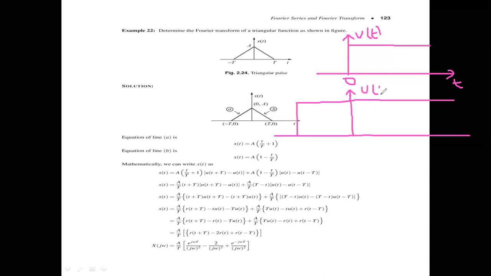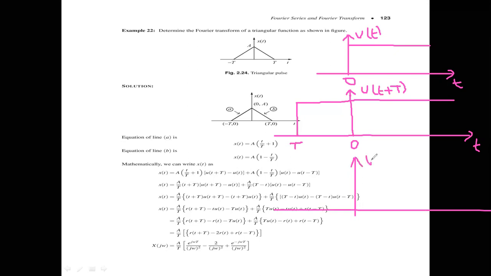Mu of t plus capital T, 0, and here the value is T. Okay, my dear students, now these two we can subtract: mu of t plus T minus mu of t. Subtract these two functions.